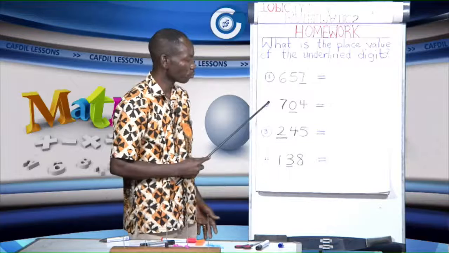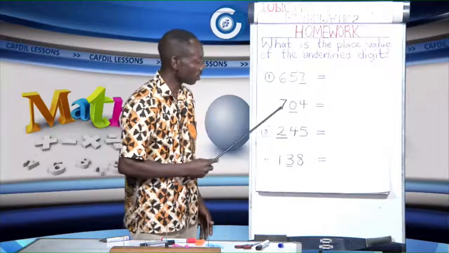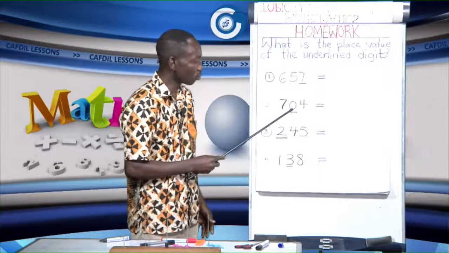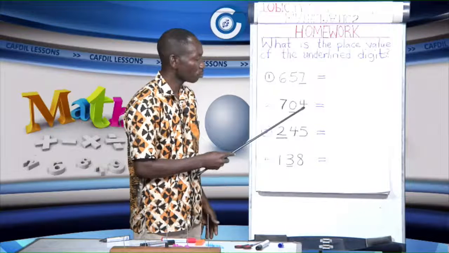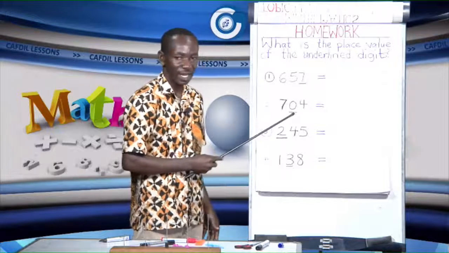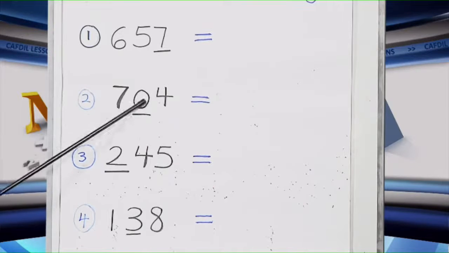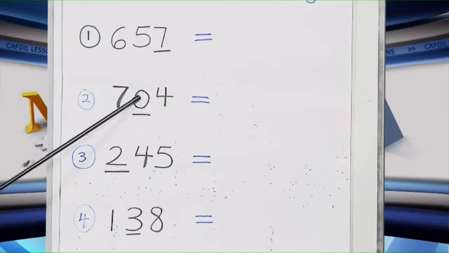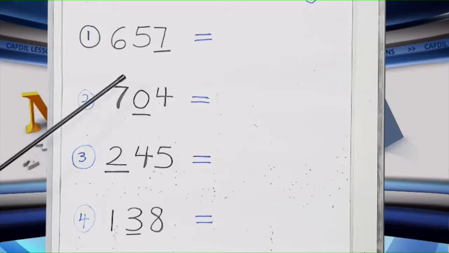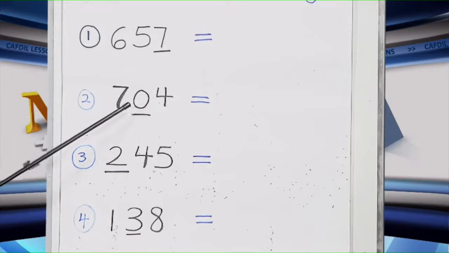Question 2. We have 7, 0, 4. 0 is underlined. You have to tell me the place value of this 0. Whether this 0 is under ones, tens, or hundreds.